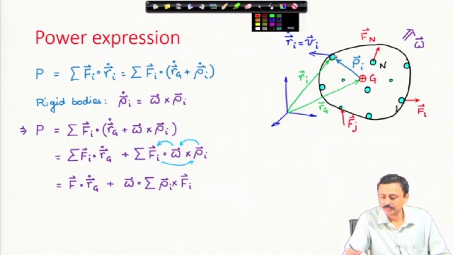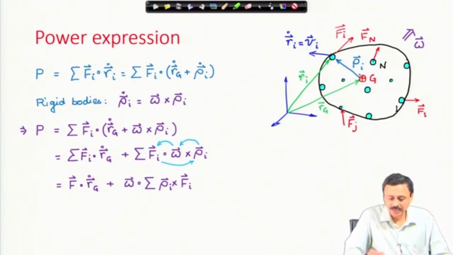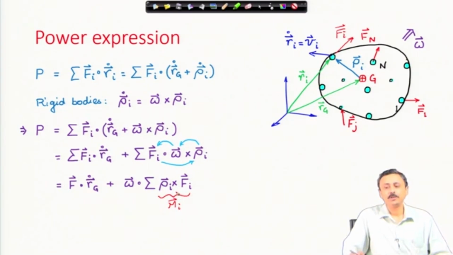Therefore, rho_i cross Fi is nothing but the moment because of the force on the ith particle, moment about the center of mass.